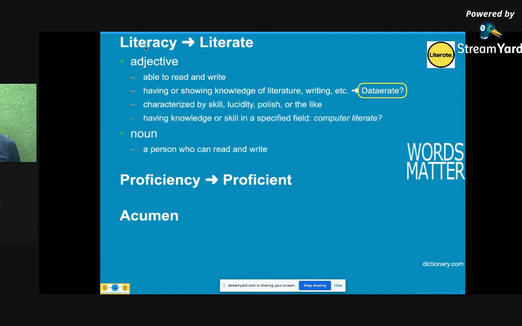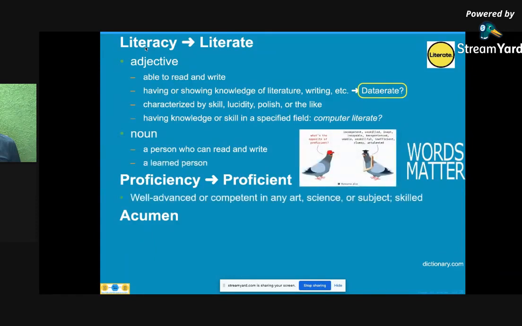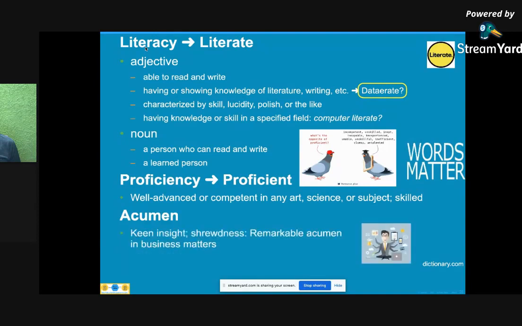When we go a little bit further than that and say, what does proficiency mean? Well, it's really easier to define proficiency as an opposite and say, the opposite of proficient is incompetent, unskilled, inept, incapable, inexperienced. These are not words that we'd want to associate with somebody who is occupying a position of importance.